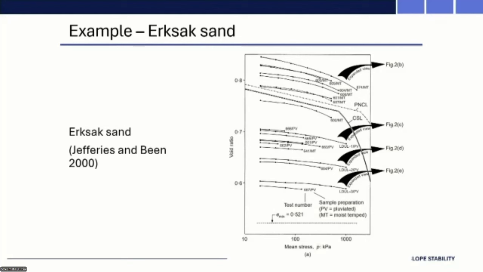And this is maybe an extreme example, but as they were loaded up, they kept their distance from one another. They didn't converge onto a single, unique, normal consolidation line. And this is what's often referred to as transitional soils. I guess the term just came up because it's not really sand, it's not really clay.